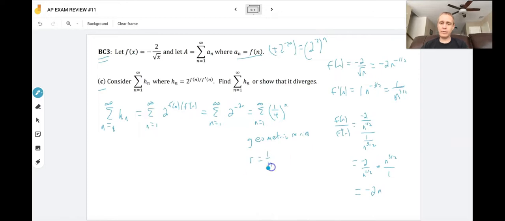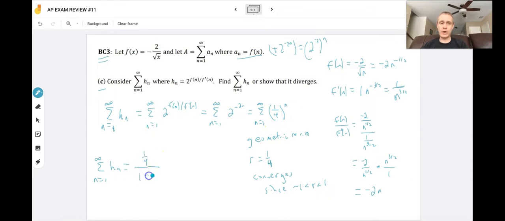R is equal to 1/4, right? And I know this converges since, right, our R value is in between negative 1 and 1. And so now, because it does converge, the actual value to our given series, right, we have that formula for the sum of any convergent geometric series, and that's equal to A, which represents the first term of our given series, which in this case, if we plug 1 in for n, that would be 1/4.